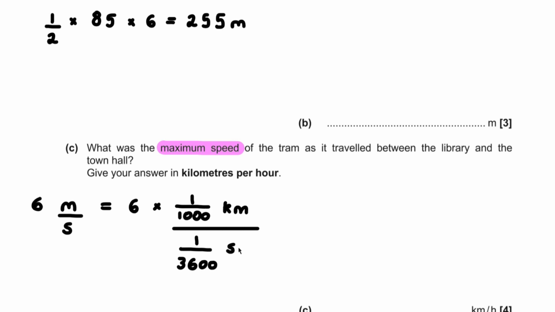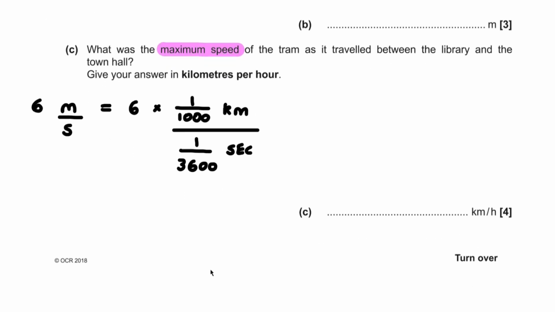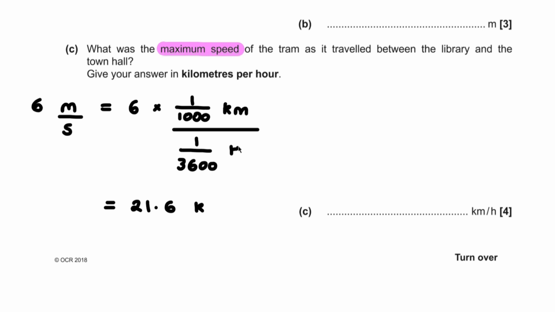And that converts it into hours. So what would I get over here then? I would get 21.6. End up with 21.6 kilometers per hour.